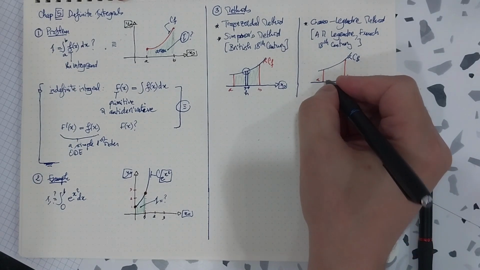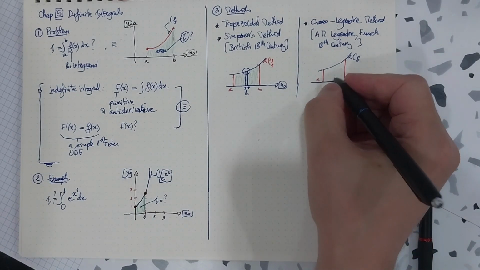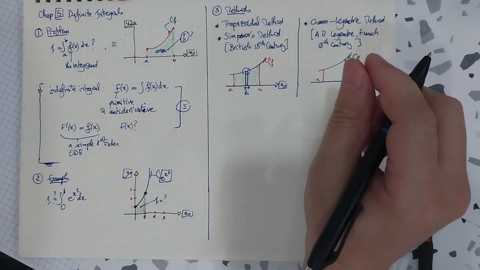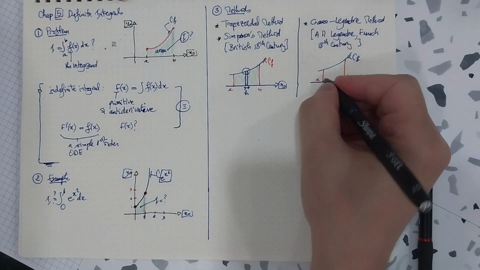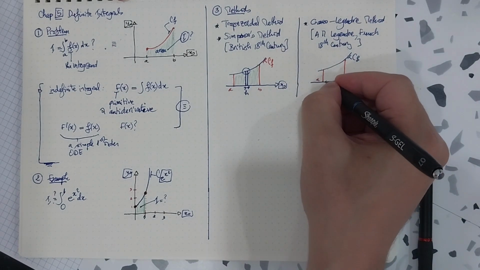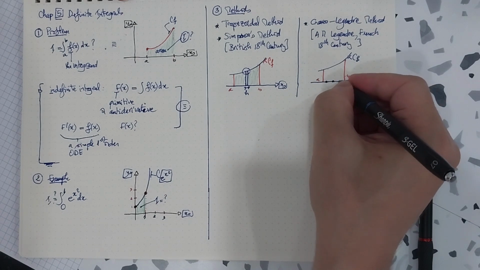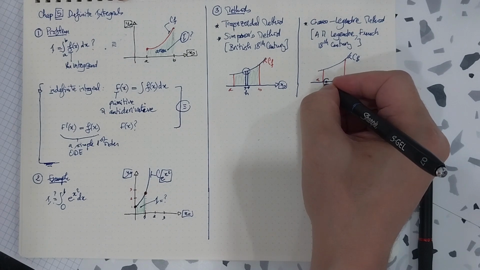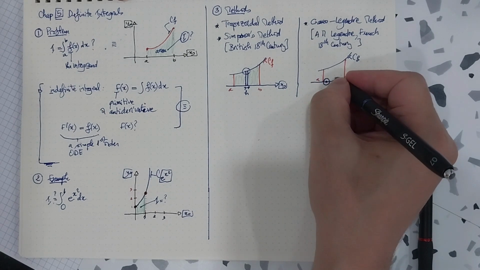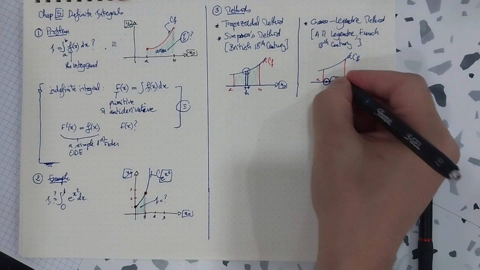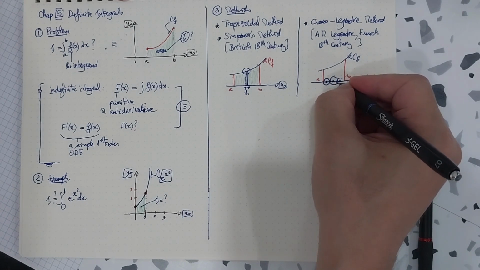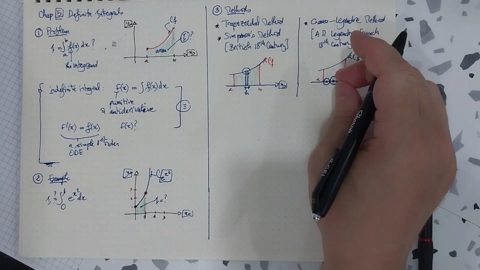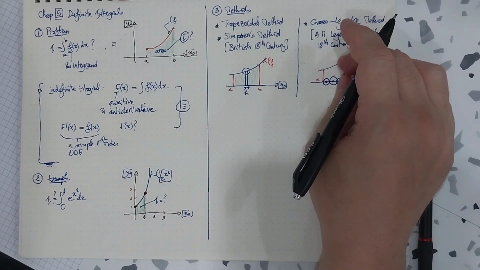Legendre is behind finding this kind of points. They have particular properties, they are not random, between A and B. And for each point, we associate a weight, a given number, to emphasize its importance, its contribution to the integral.